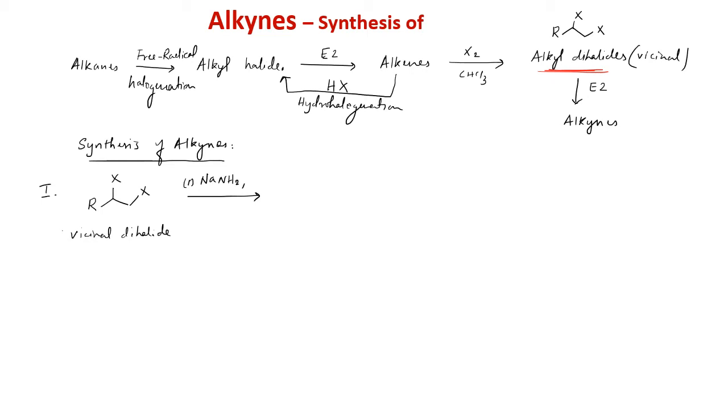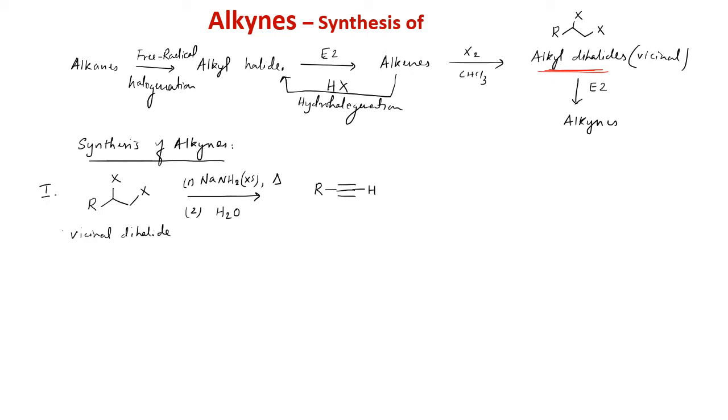It is used in excess, because you have to remove two halogens here. So we use excess sodium amide with heat, and you quench this reaction with water later. You will get an alkyne from this.